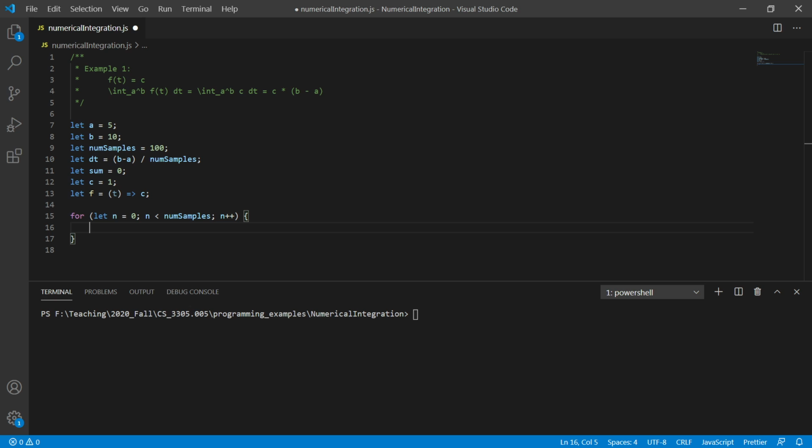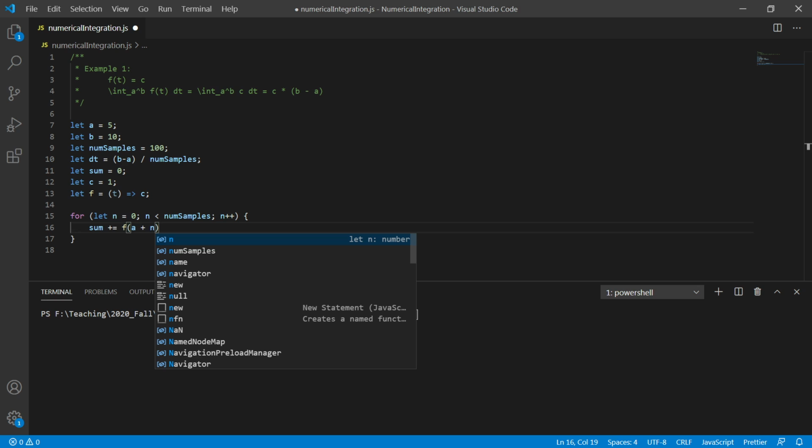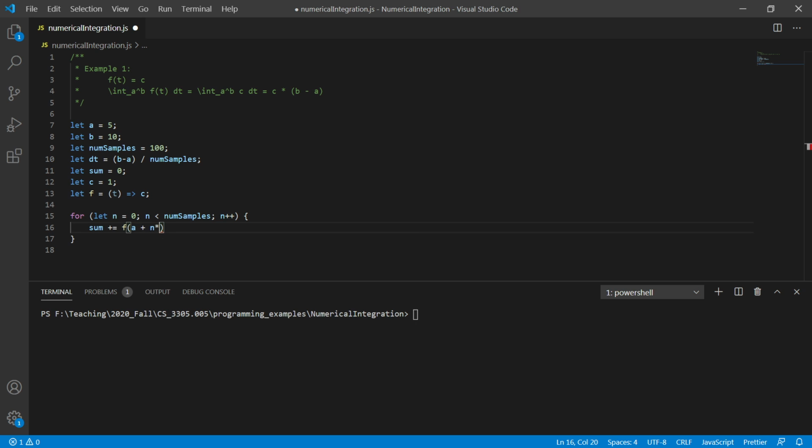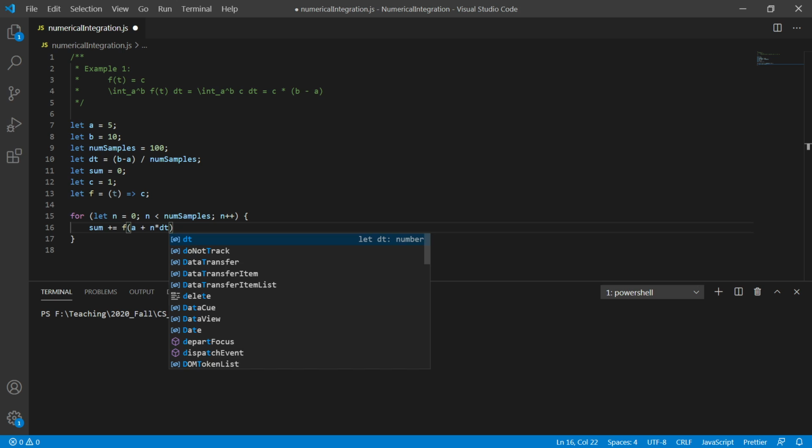And then we increment it at every step. Okay, so then we tally our sum with the rectangle generated by f of t, where t is our starting t value, plus the sample number that we're on times our step size.